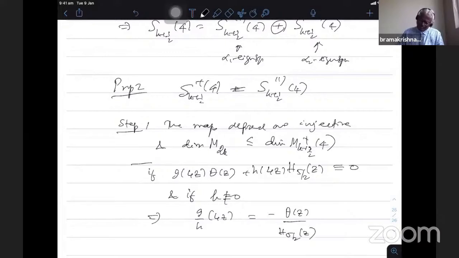So by dividing by H, it is the other way: minus H 5 by 2 Z by theta of Z.